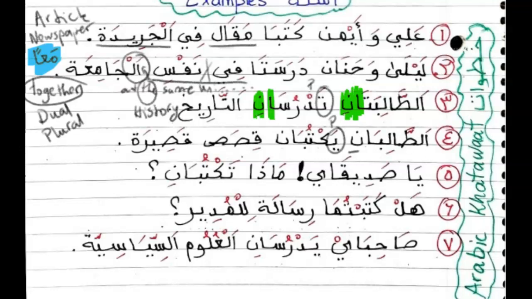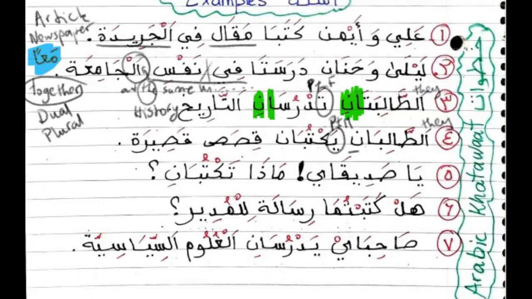When we are saying الطالبتان and الطالبان, both of them refer to "they," so the conjugation is different. Ta for feminine and ya for masculine, but the P here stands for the past.